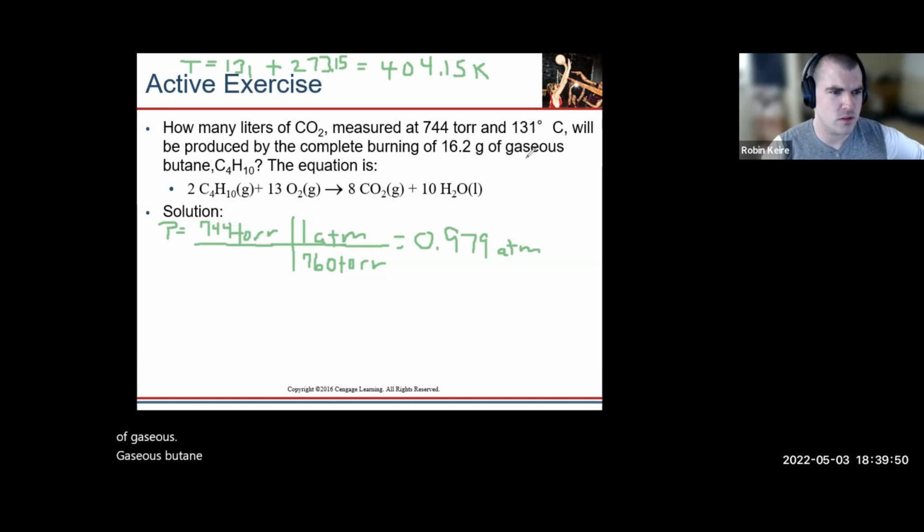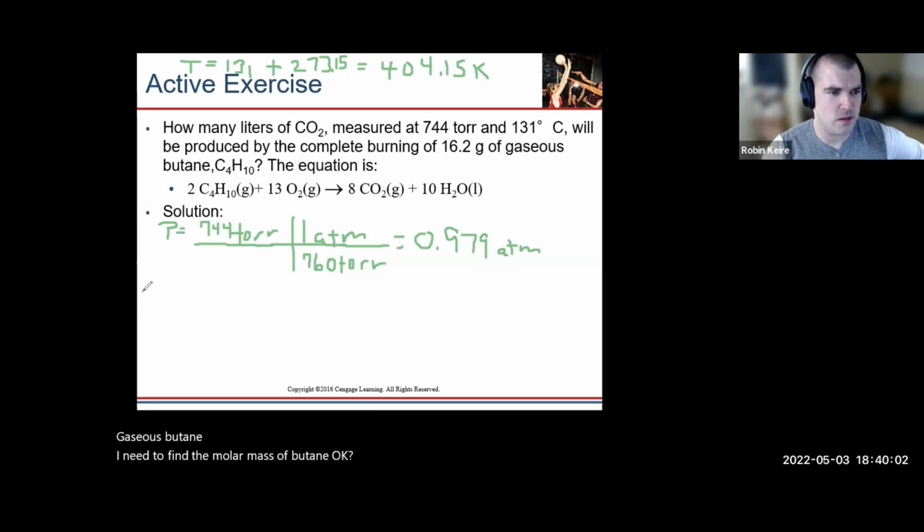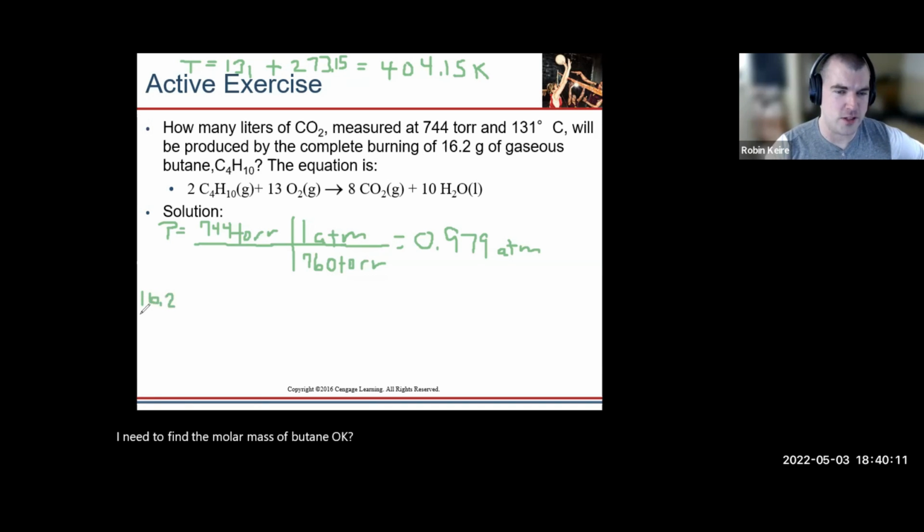So you need to find the molar mass of butane. Carbon's 12.011 grams per mole and hydrogen's 1.008 grams per mole.